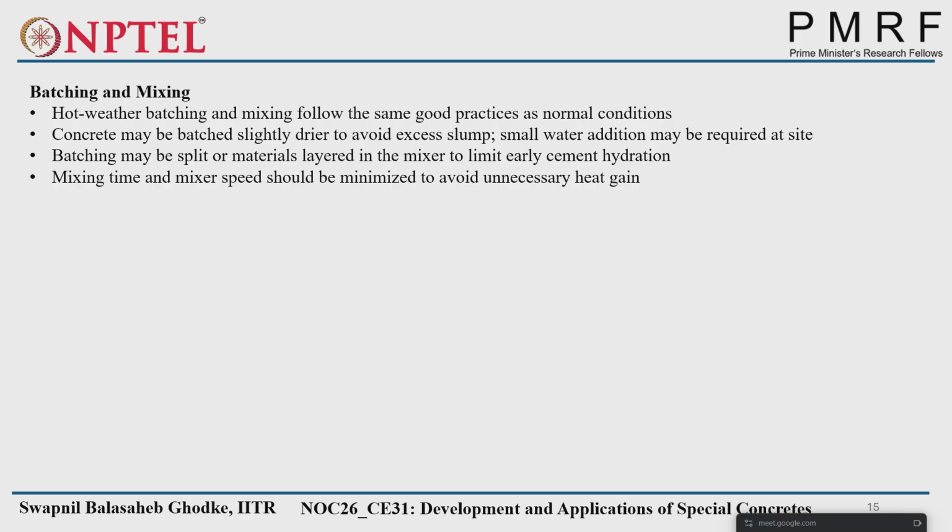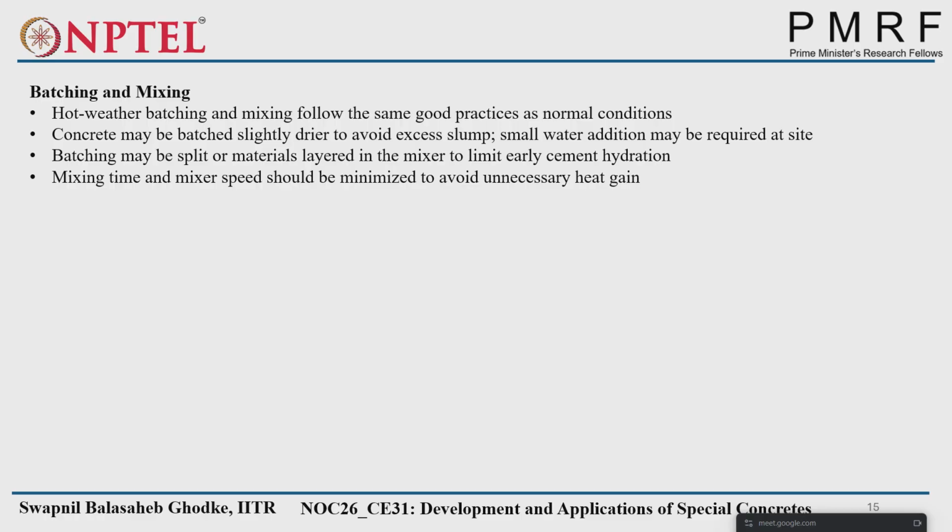So we are seeing batching and mixing. Concrete batching and mixing follow the same good practices as in normal conditions. Batching may be split, or materials layered in the mixture, to limit early cement hydration, but we have to take very careful considerations while batching. Mixing time and mixer speed should be minimized to avoid unnecessary heat gain.